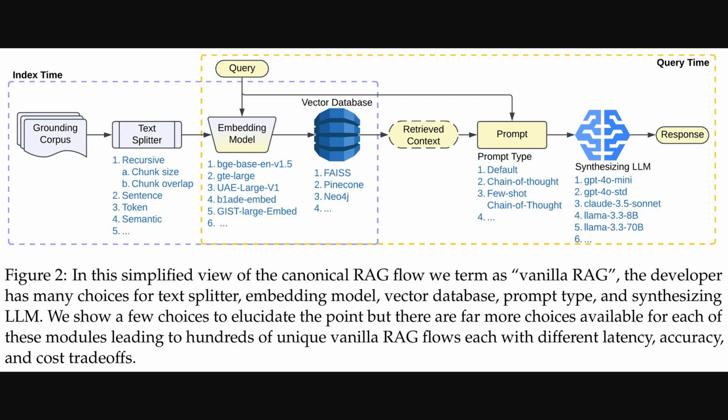This retrieved context, along with the original query, forms a prompt for the synthesizing LLM, which then generates the final response. And as you can see, at each step, from choosing the text splitter, the embedding model, the vector database, the prompt type, to the final LLM, there are tons of different options. Each combination leads to a unique pipeline with its own performance in terms of speed, accuracy, and cost. This really highlights the complexity syftr aims to manage.